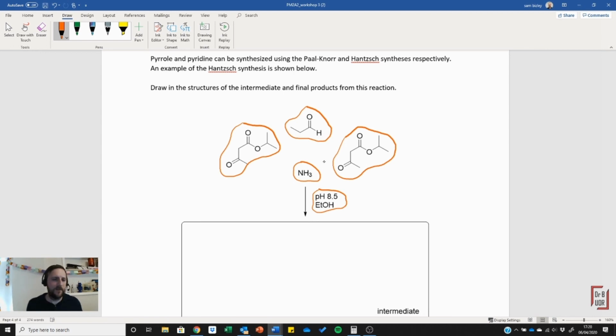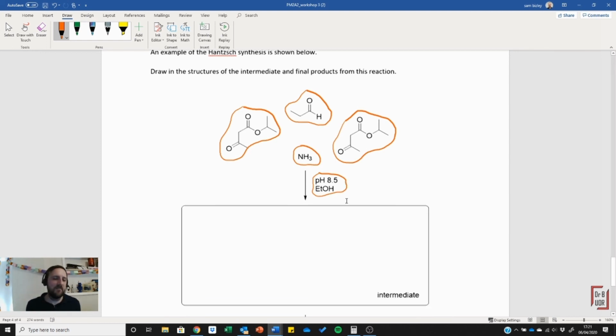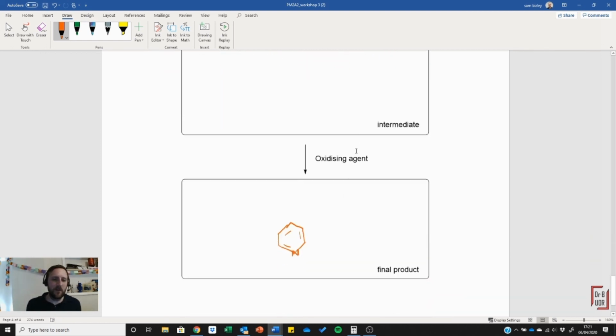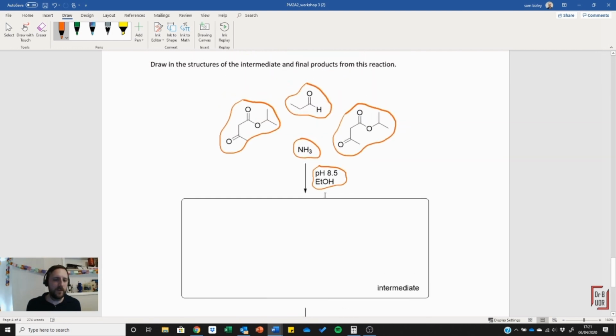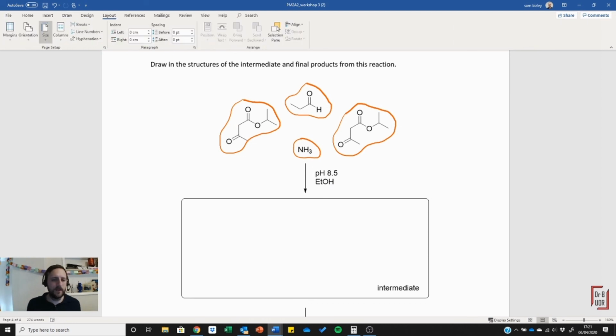Okay, so it's just to say that these are going to be important in our reaction. They don't actually play any role in what we're going to be drawing, but it's important to know that we'll always give reaction conditions along with our mechanisms.